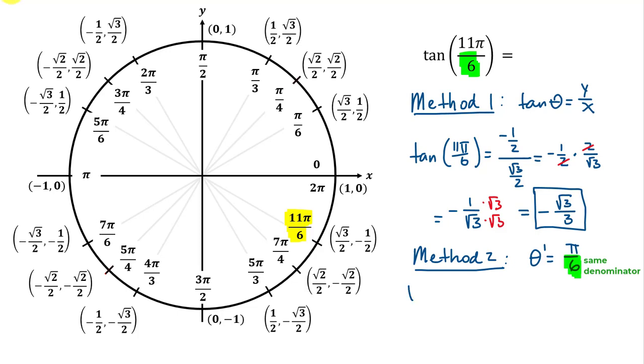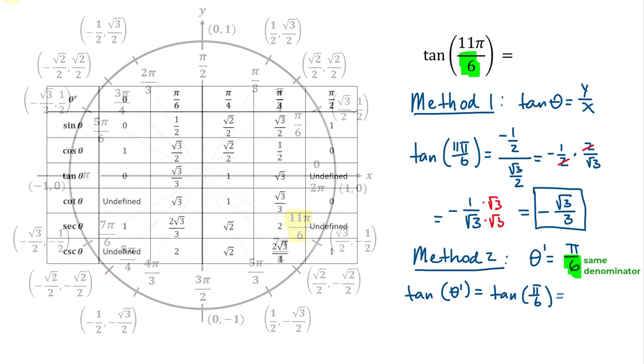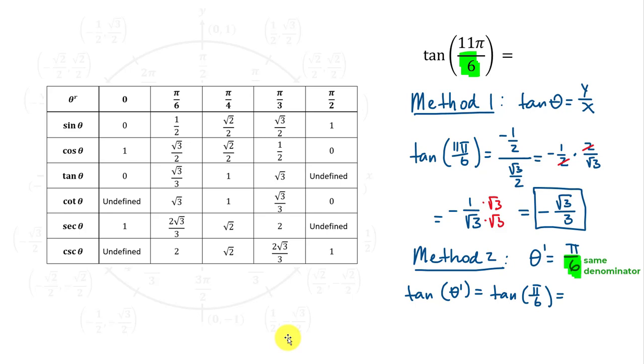Next, what is tangent of theta prime, of the reference angle? In other words, what is tangent of pi over 6? Well, the answer to this question I can easily find in the table of trigonometric function values. Here's tangent, here's pi over 6.